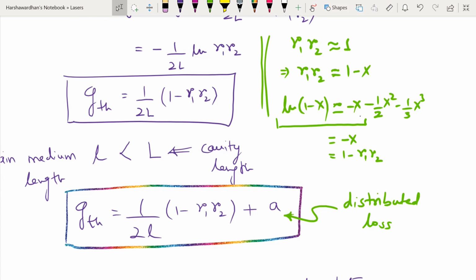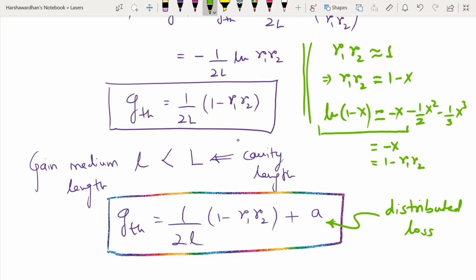That is, it would be loss per unit length within the cavity. Remember that our gain itself was gain per unit length. So A is a distributed loss which is not accounted for, because all that we have accounted for until now in the first term is the losses at the mirror. But all the other losses could be accommodated within this term A, which is loss per unit length.